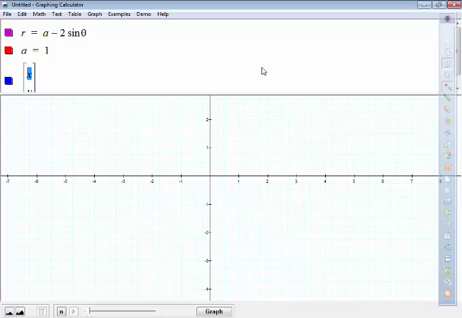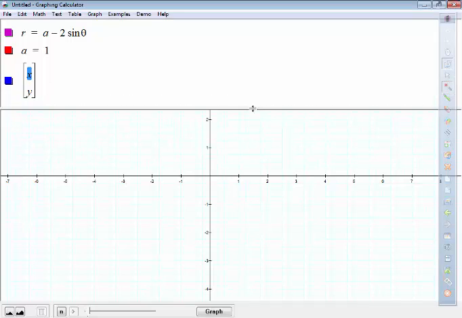Now the way to do parametric equations here in this graphing calculator is to make these things called vectors. And then the x is going to have an x component. So let's say 1 minus 2 sine t. But that's just the f of theta, right?